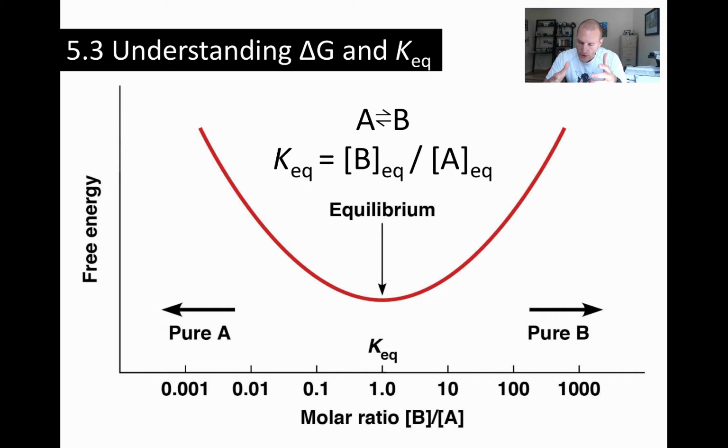So you set up the concentrations of B and A at 1 molar, you add enzyme, or you don't add enzyme, and then you look to see at what point the reaction stops proceeding, so that A being converted to B is equal to B being converted to A. And the ratio of the product and the substrate when you get to equilibrium is B over A, so product over substrate. You've got to remember that, okay? Product over substrate is the equilibrium constant.